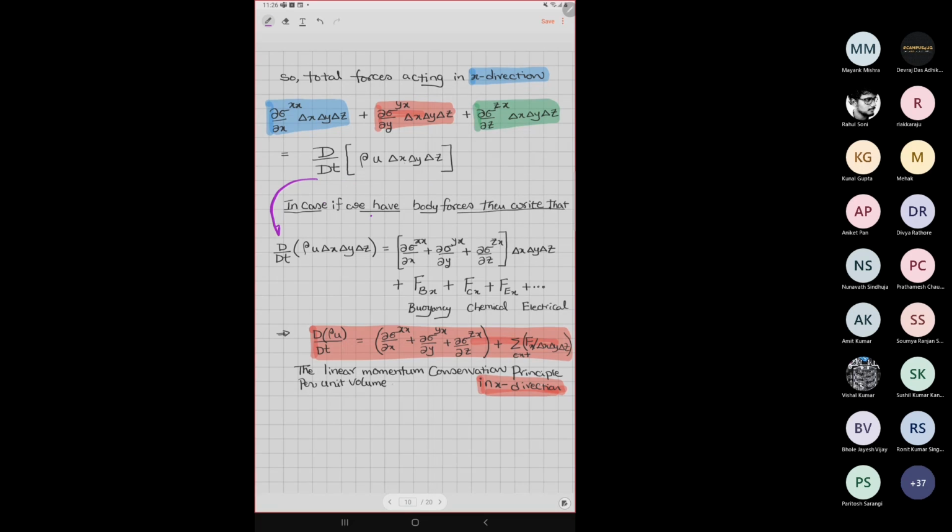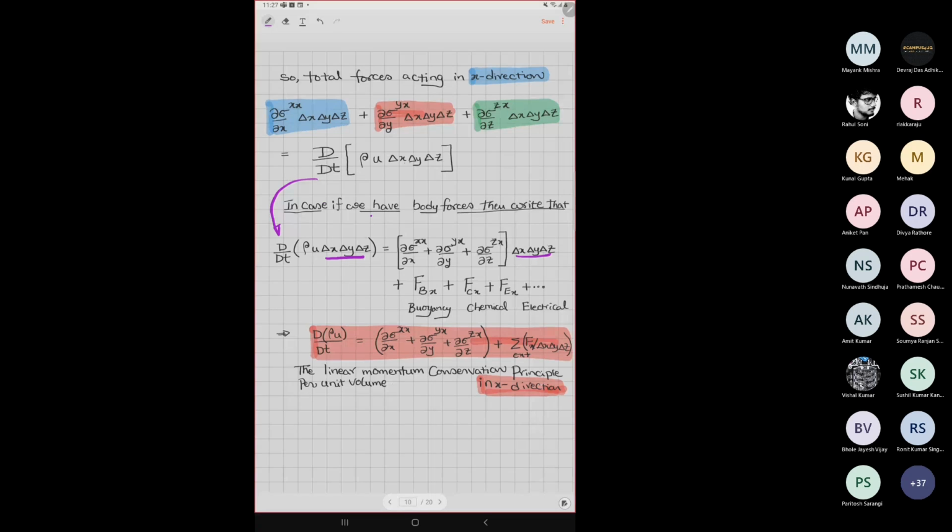Because delta x delta y delta z is arbitrary. Whether I take a tiny element of 1 millimeter by 1 millimeter by 1 millimeter or 5 meters by 1 meter by 2 meters, it's up to me, independent of which x, y, z location I pick. So this delta x delta y delta z, I will take out common.